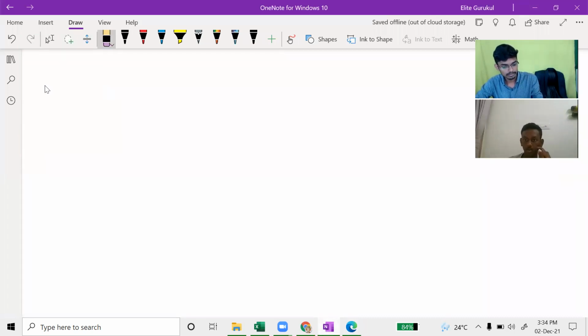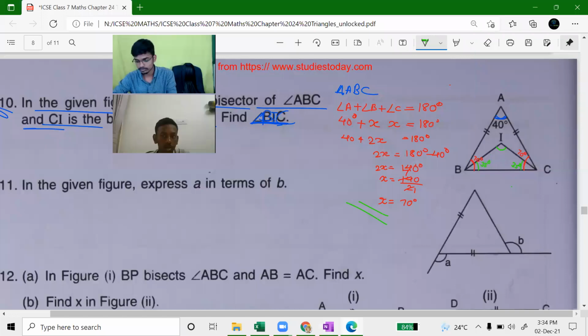Now the triangle. Which is the name of the triangle? Triangle BIC. Name of a triangle, beta.